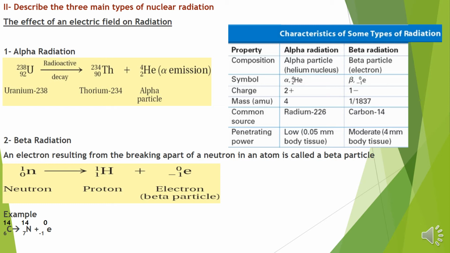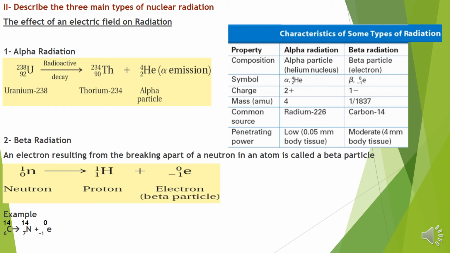The neutron will change to a proton by emitting a beta particle to the outside of the nucleus, which is the electron e -1 0.